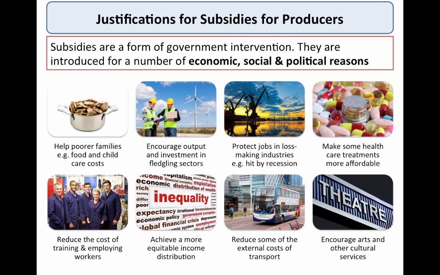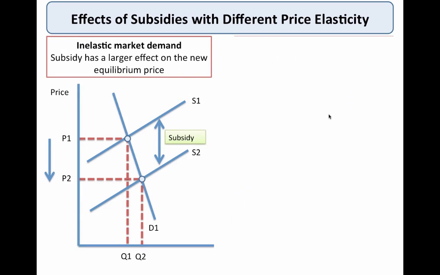And there could be the case, for example, for subsidising the arts, theatre, opera, creative arts, partly at a micro level because of the externalities involved, but also because of the macroeconomic effects. Britain, for example, is the biggest exporter of creative services in the world. So here are some of the justifications for giving financial support to certain industries.